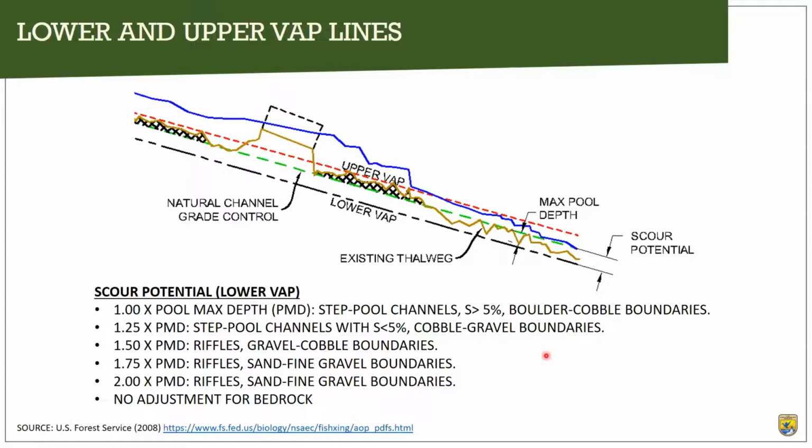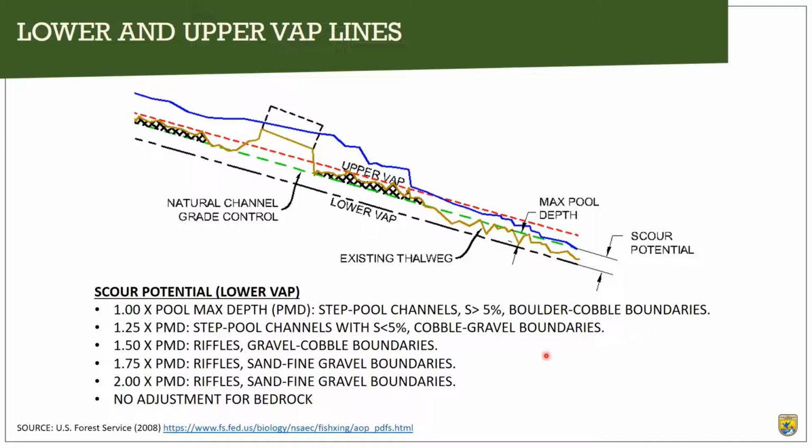So finer materials are going to have a higher factor of safety. And that's going to be the scour potential that we would use if we use this method that the U.S. Forest Service developed for estimating a lower vertical adjustment potential line. You could also use other published scour methods to come up with this.